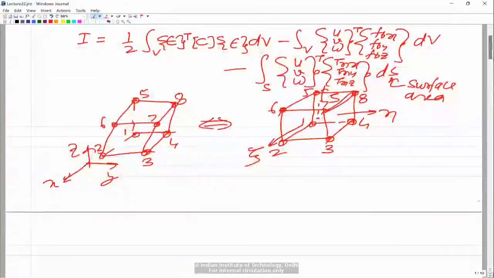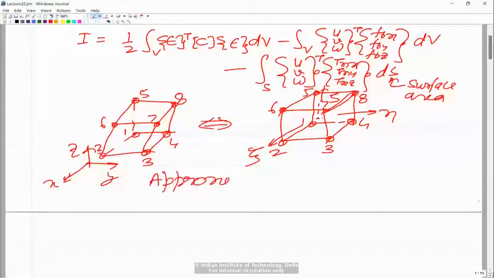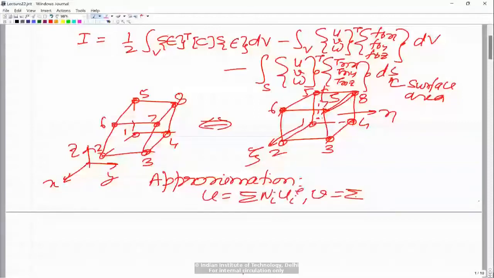So we had written 8 interpolation functions, and then I said that within each element we are assuming an approximate solution in terms of xi, eta and zeta, ultimately writing them in terms of shape functions. So we had u equal to summation N_i u_i^e, v equal to summation N_i v_i^e, and w equal to summation N_i w_i^e, where the summation is i from 1 to 8.